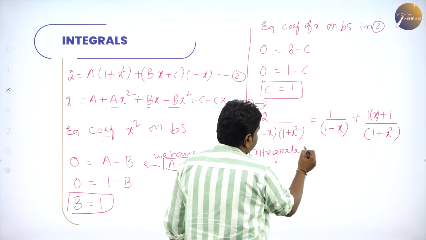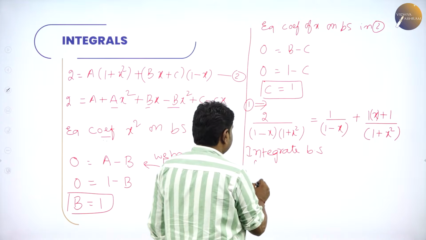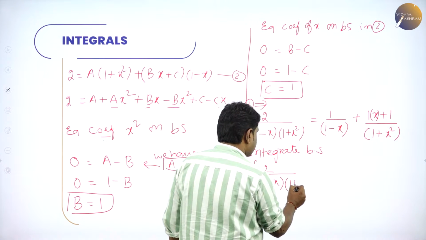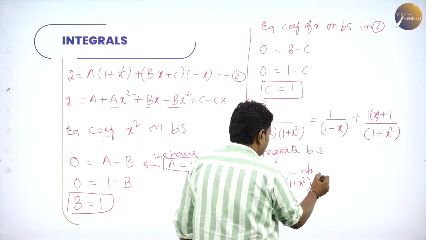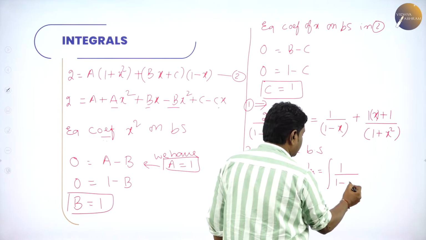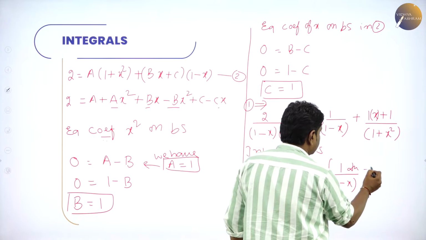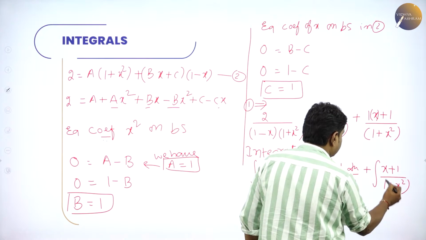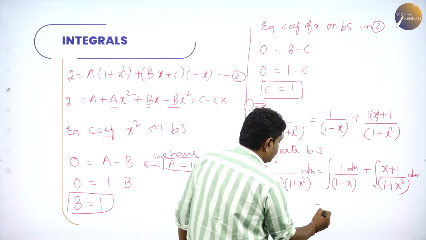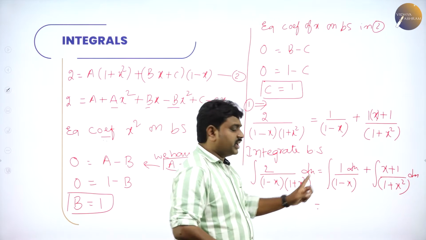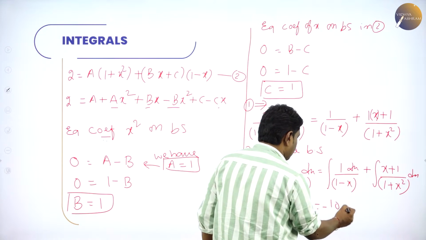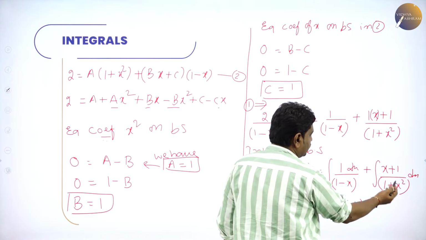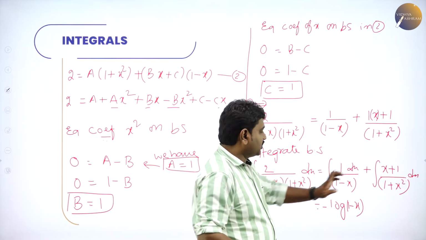If you integrate both sides, integration of 2 divided by 1 minus x into 1 plus x square dx is equal to integration of 1 divided by 1 minus x dx plus integration of x plus 1 divided by 1 plus x square dx. Now this gives you integration of, see, coefficient of x negative is there, so minus log of 1 minus x, and this you can integrate by method of substitution.